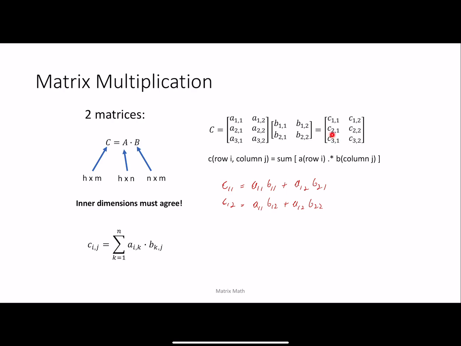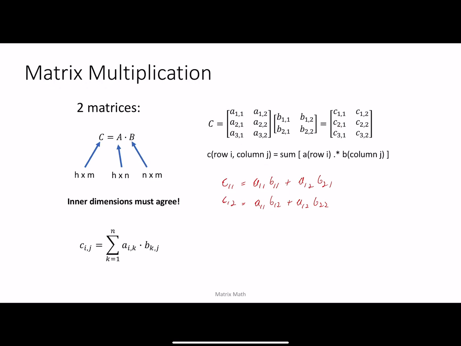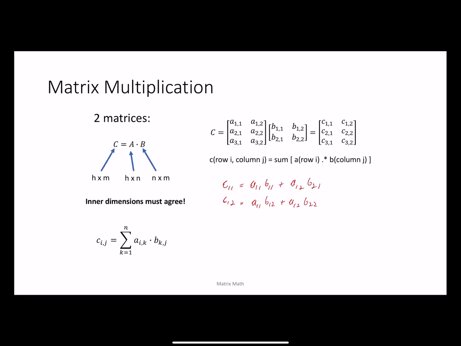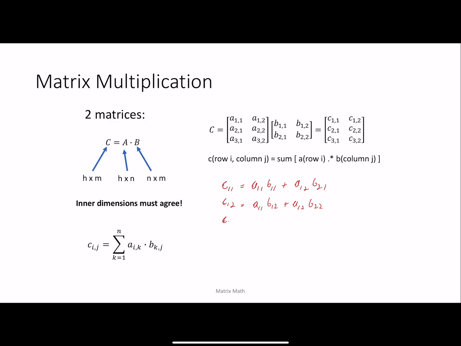Let's look at C21. C21 will be equal to A21 times B11 plus A22 times B21, right? And so on. So here we have a summary of how this can be written in a more general mathematical formula.